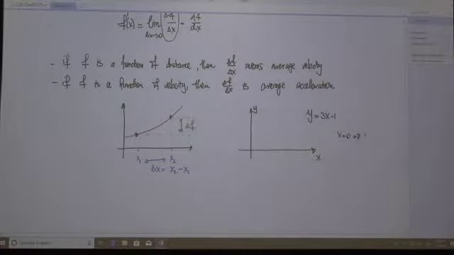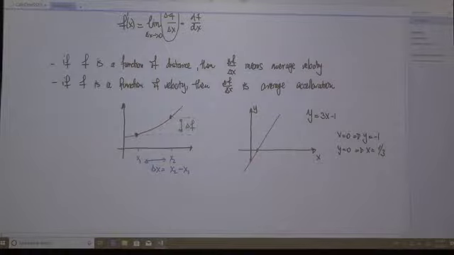What will be y? Minus 1. This will be my first point. When I choose y equal to 0, what will be x? 1 over 3. So the second point will be somewhere here. Then I just need to connect them, so this will be my line.